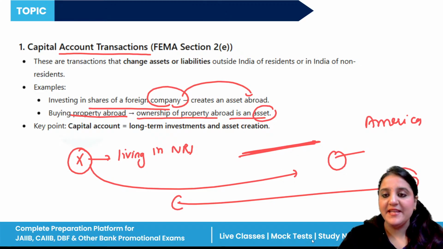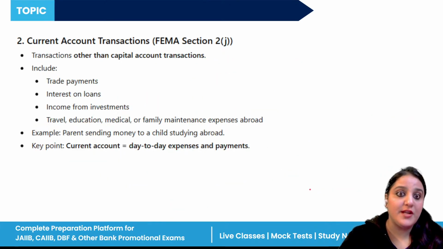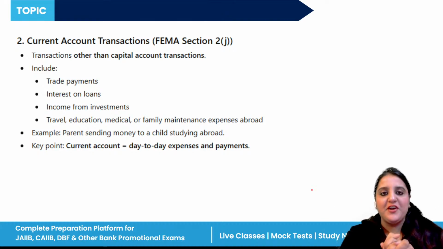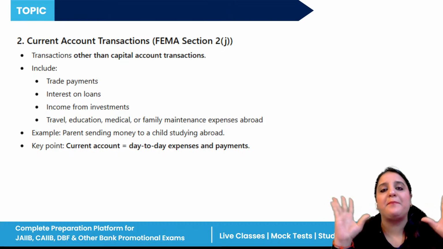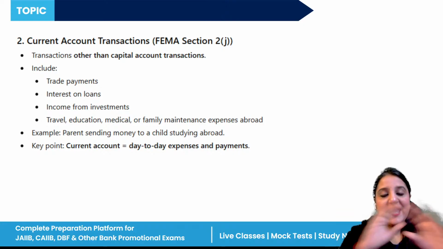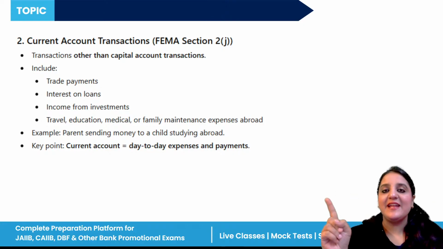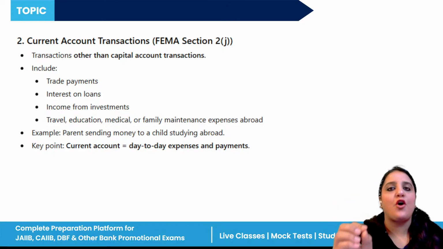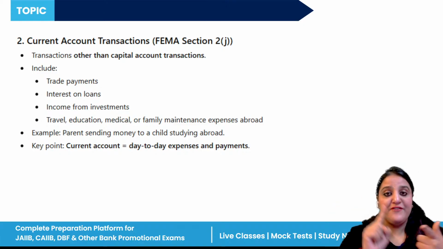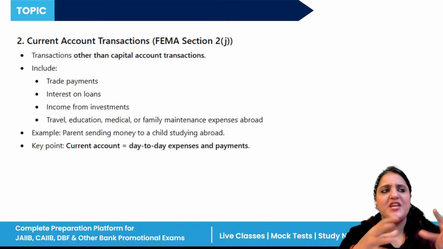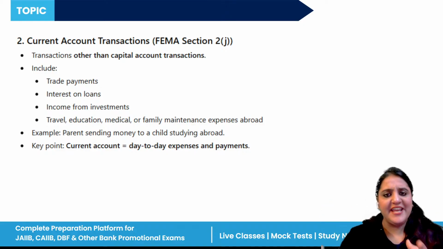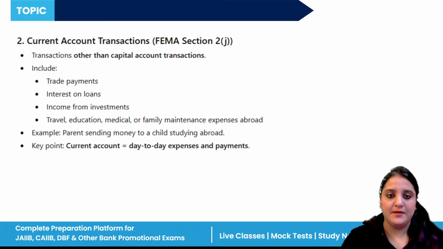Now, second thing, we have current account transaction. What is the meaning of current account transaction? Any transaction other than a capital account transaction is called a current account transaction, which includes trade payment, interest on loans, income from investment, travel, education, medication, gifts, family maintenance expenses, everything.